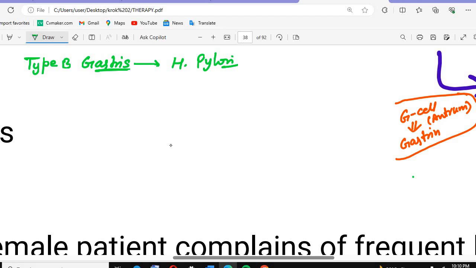What do they do? Helicobacter pylori releases toxins like protease, phospholipase, or coagulase A. What will these toxins do?